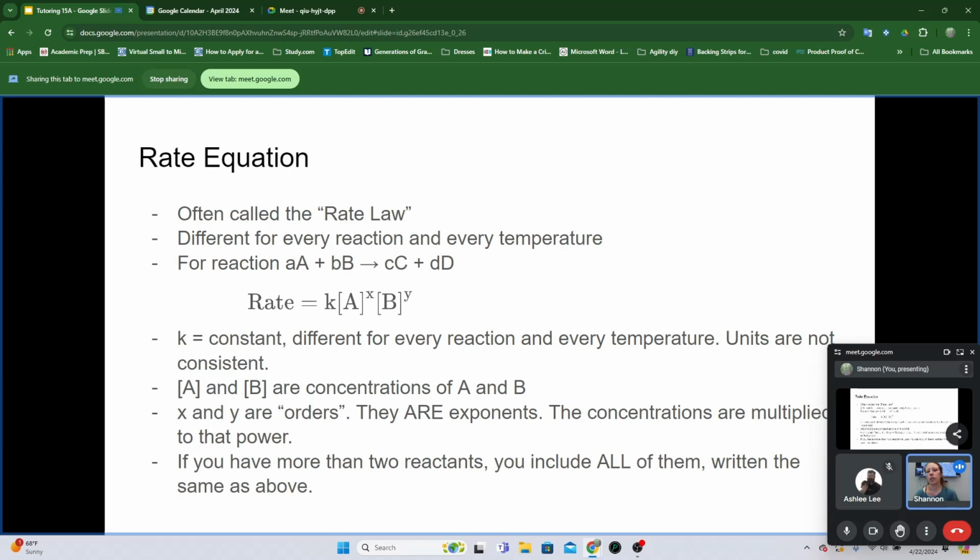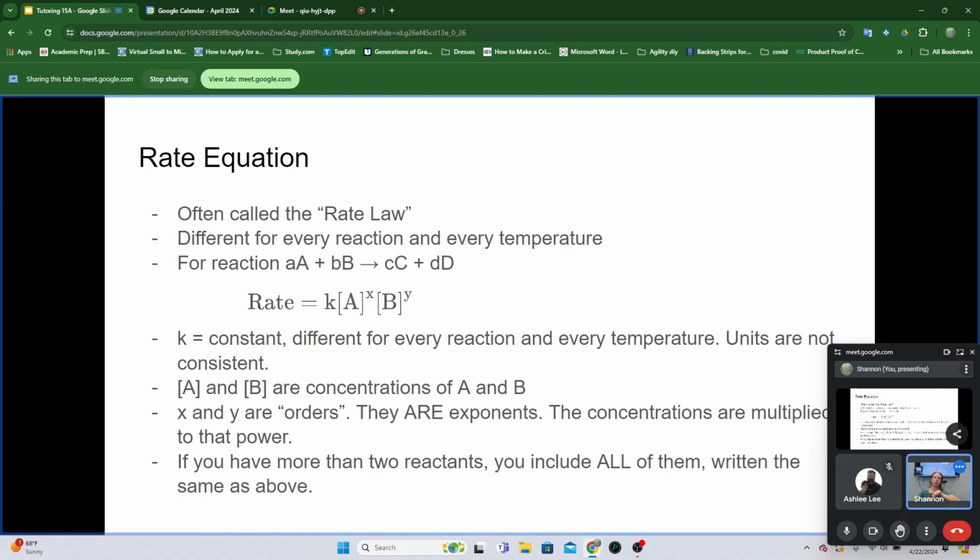Okay, so now we get into the rate equation. I wish the book used a different term for this instead of equation, because nobody else uses this term. All the YouTube videos on the YouTube channel call it the rate law.